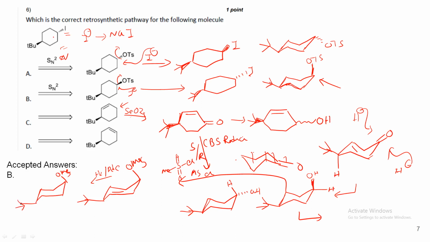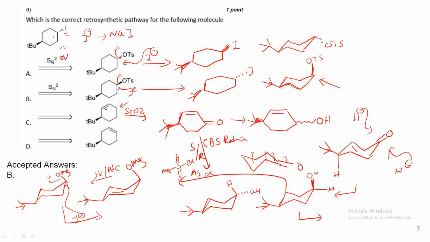After that only we can do the iodide treatment and make this. So this is one of the cases, and that's how we can make this particular molecule into this, provided SN2 inversion we can do that.